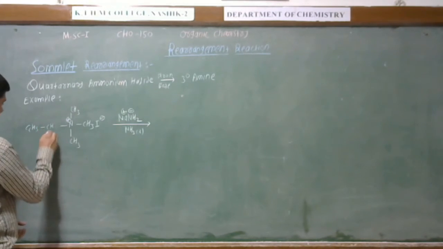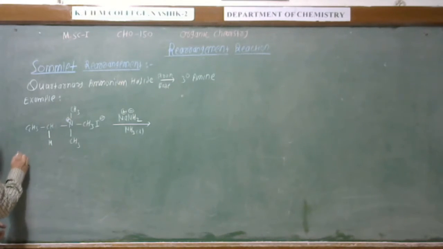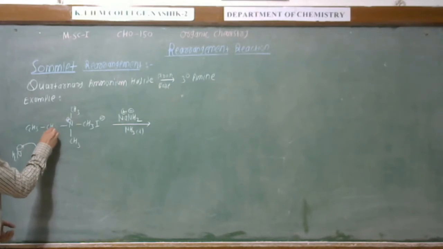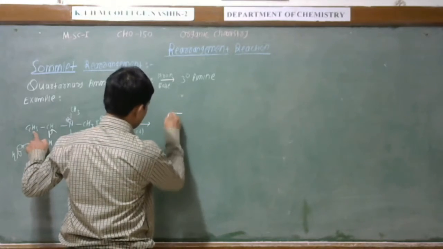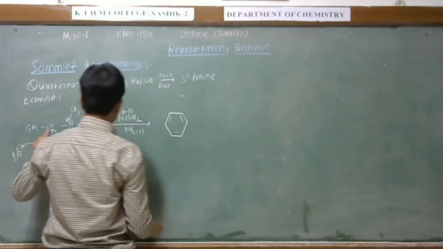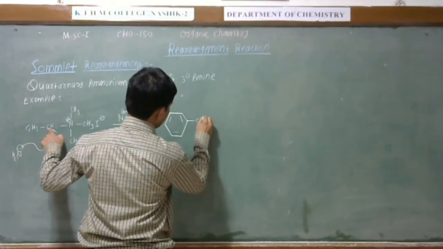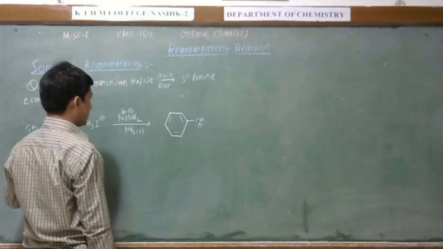For simplification, we draw this hydrogen here, and this NH2 minus can pick up this hydrogen, and there will be formation of benzylic carbanion, which is the stable carbanion. This is the benzylic carbanion, CH minus.